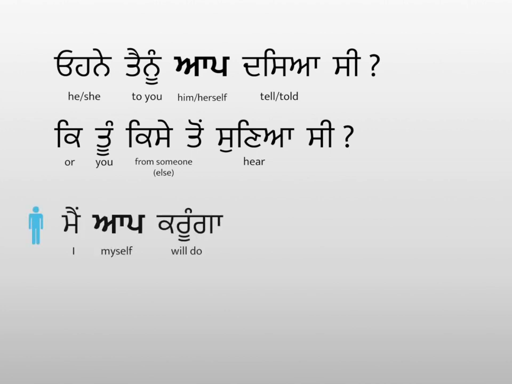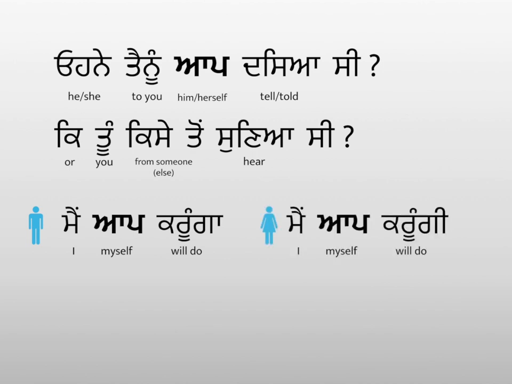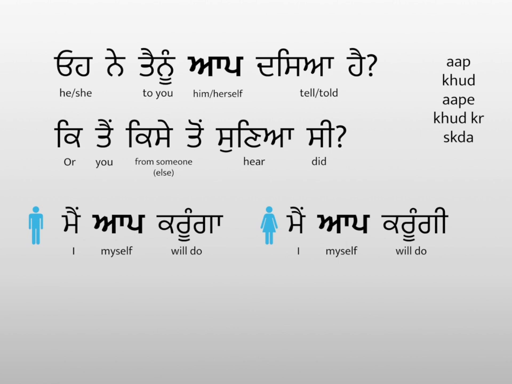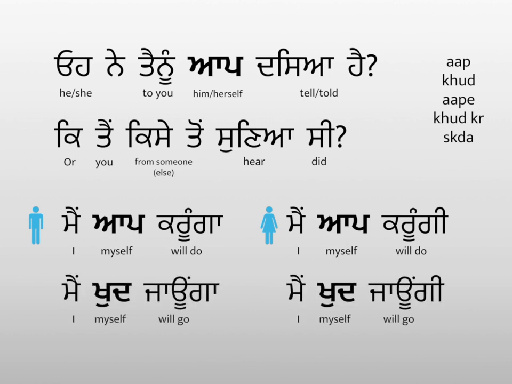You can also say, main aap karunga. This means I myself will do it. This doesn't mean I will do it by myself. This means I myself will do it rather than having somebody else do it. If you're a guy, you would say, main aap karunga. If you're a girl, you would say, main aap karungi. Another word for aap that means oneself is khud. So you can also say, main khud jaunga, or main khud jaungi.